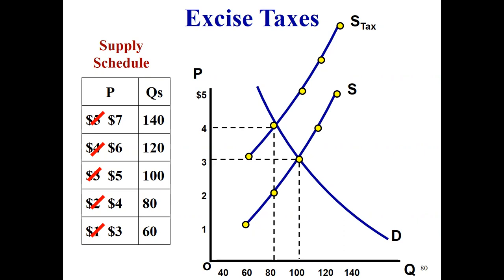And if you notice, that's 5 minus 3, so the tax is 2. And even if you did it this way, which I would prefer, new equilibrium down to the old supply curve, that's 4 minus 2, so that's 2. So the tax is $2. Anywhere between the two supply curves will tell you the tax.